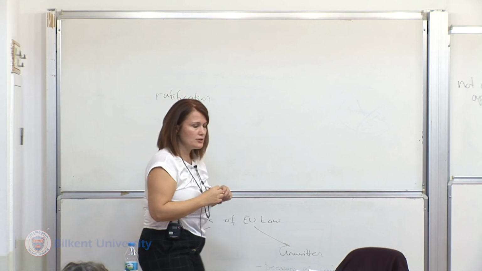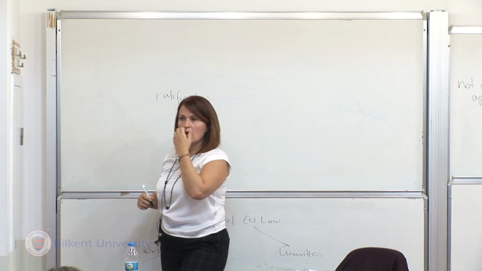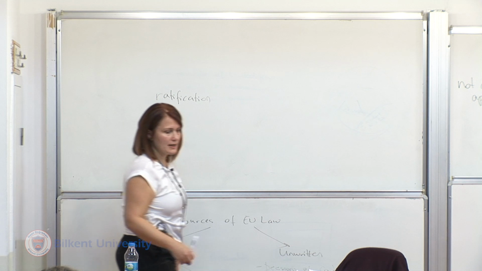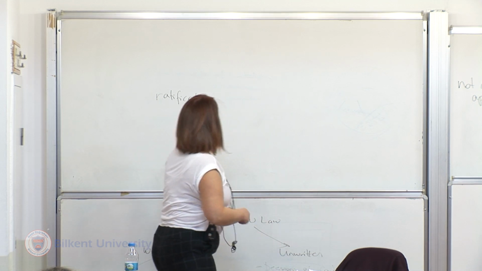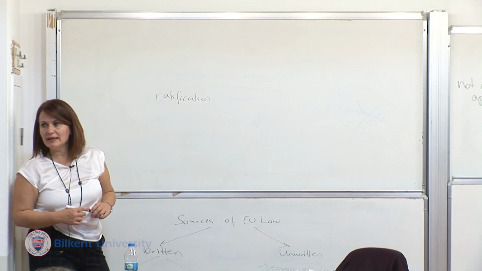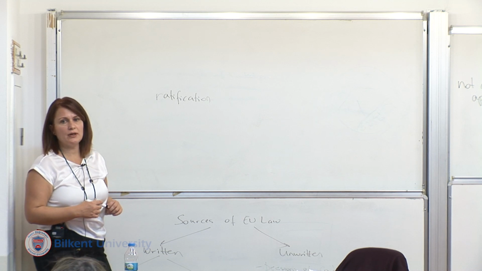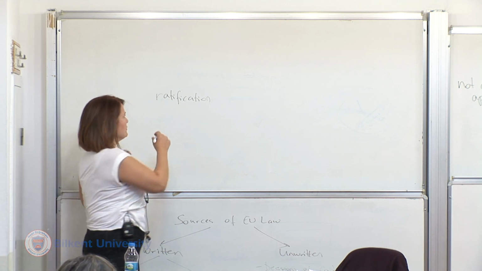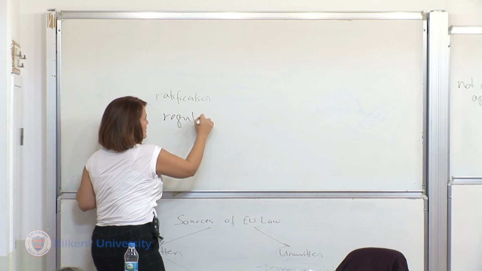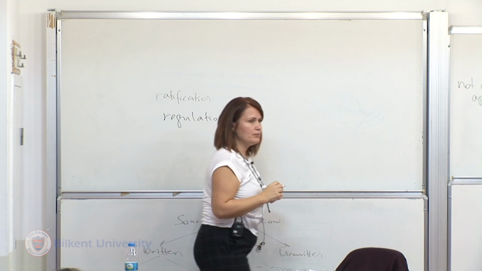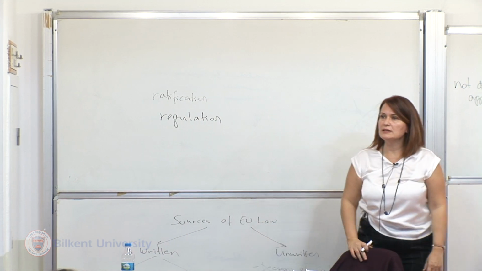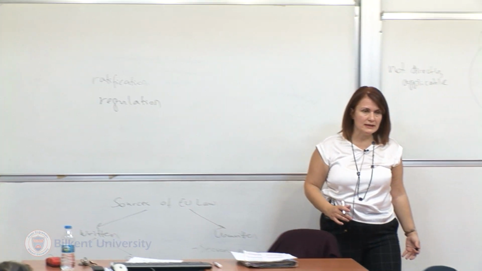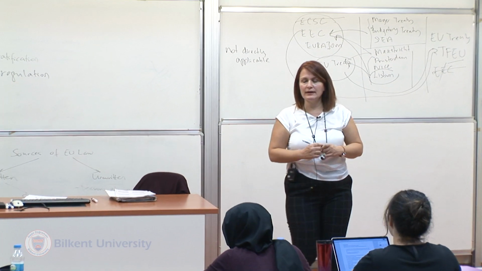In other words, transformation or transposition to the laws of the member states. The only directly applicable instrument of EU law is a regulation, okay? The regulations are directly applicable because the founding treaties so require. It is written in the founding treaties that regulations are directly applicable.